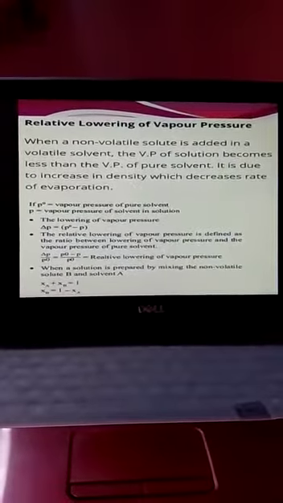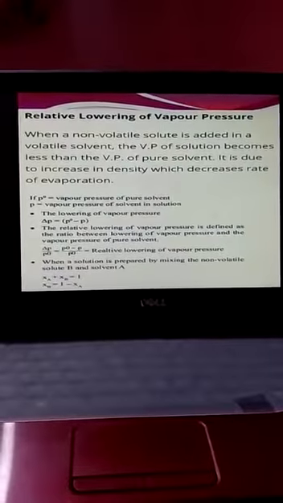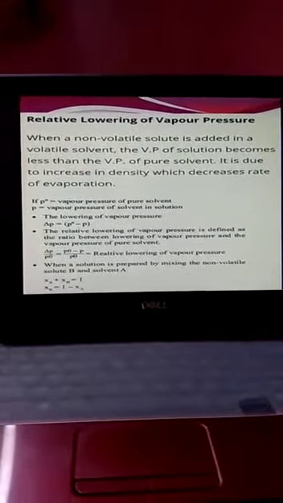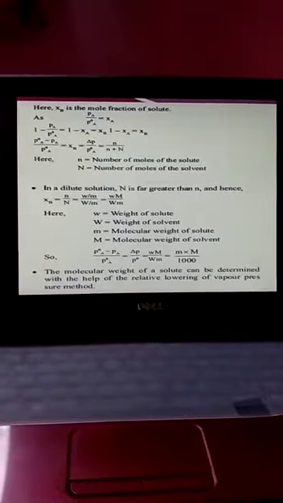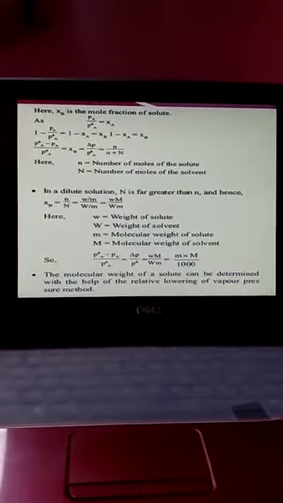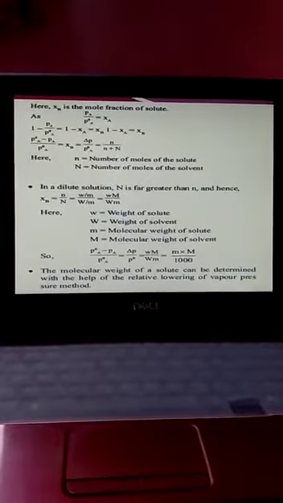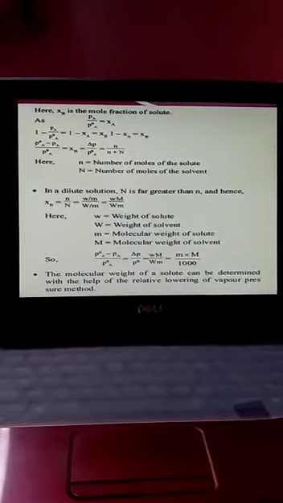By this formula, we are able to calculate the molecular mass of the non-volatile solute which is present in the solution. This is the formula that we use to determine the molecular mass of the solute, that is MB.